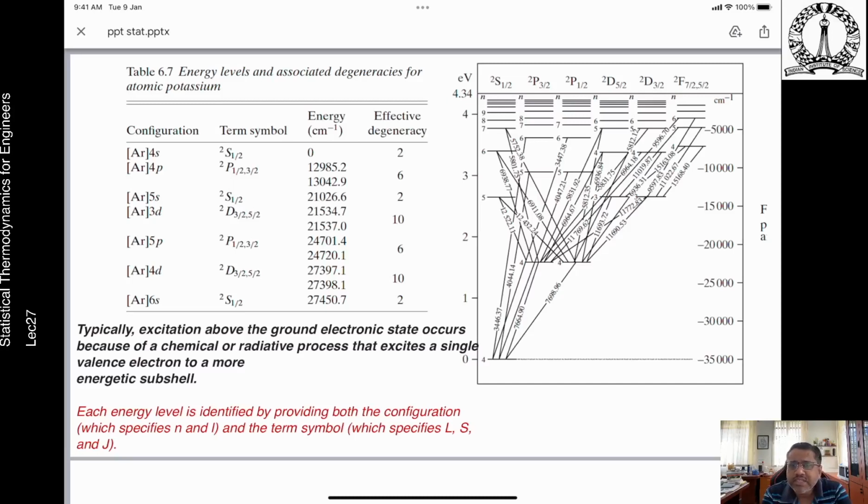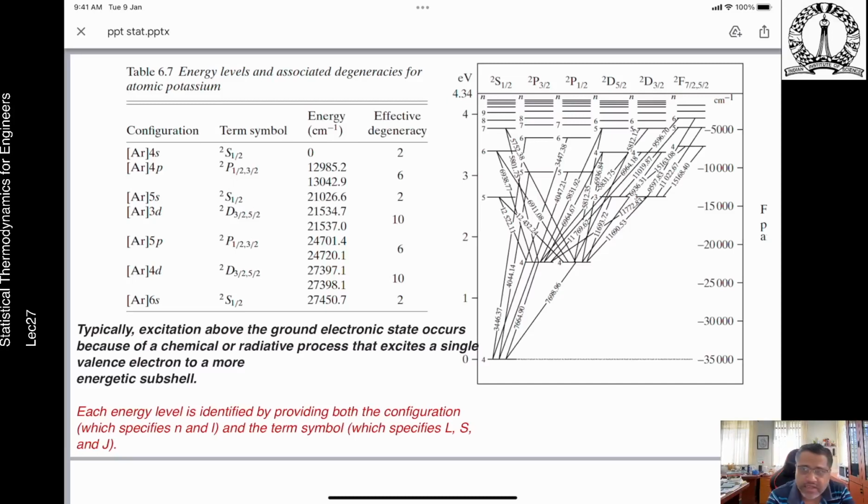And these are the different energy levels. If you look at the diagram on the right-hand side, this is also portrayed by the allowable transitions. You can see the allowable transitions that can happen.